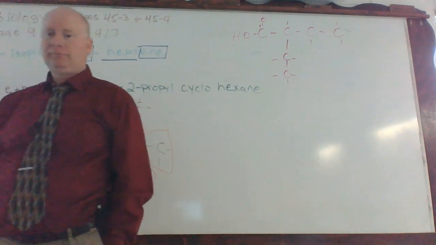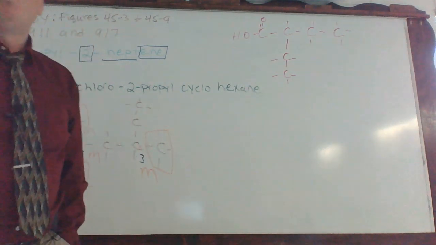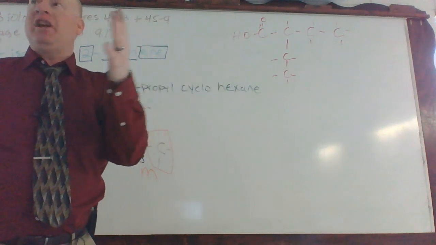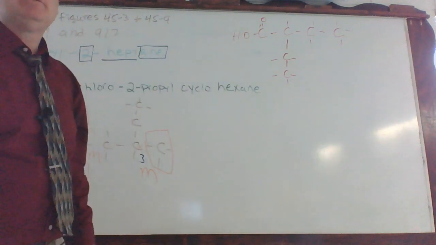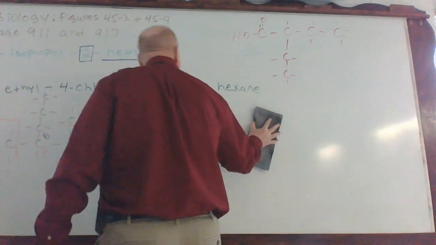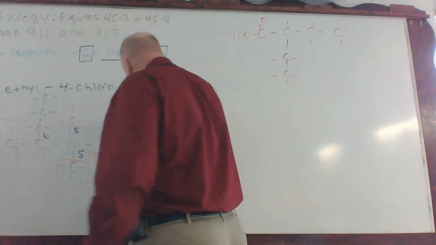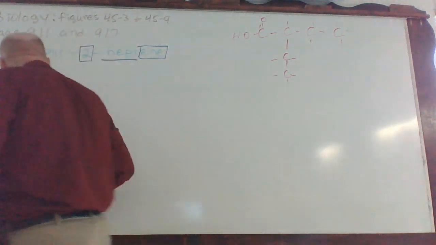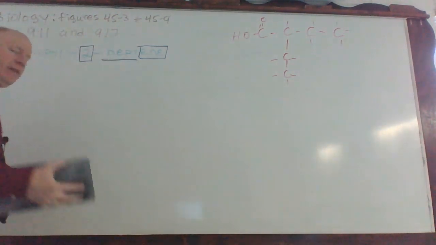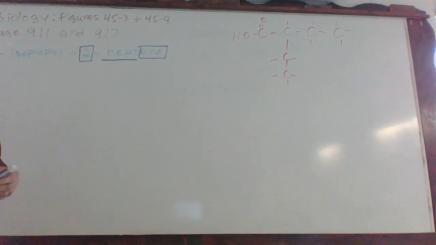Okay. So, what do you think? The bigger the chain or smaller the chain? Which would you rather have? Okay. Good. Five what? 5 carbons?